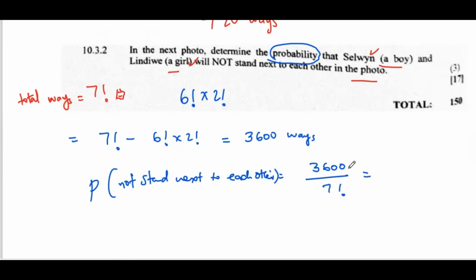Okay, so if I divide this by my 7 factorial, I'll get 5 over 7, which is the same as 0.71 as well. Okay, so that is the probability that this boy and the girl will not stand next to each other.